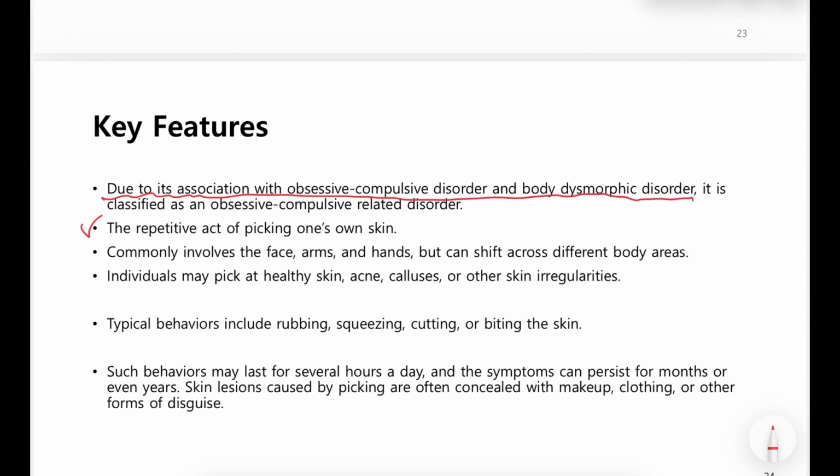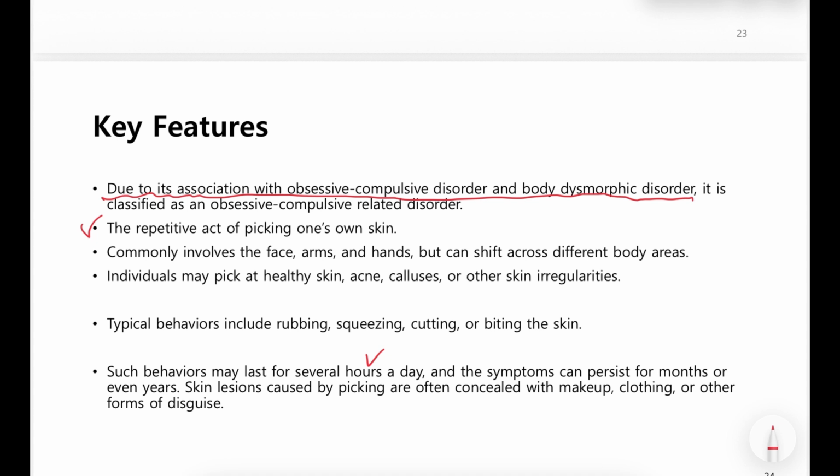Common behaviors include scratching, squeezing, digging, or even biting the skin. Episodes may last for hours, and symptoms often persist for months or even years.